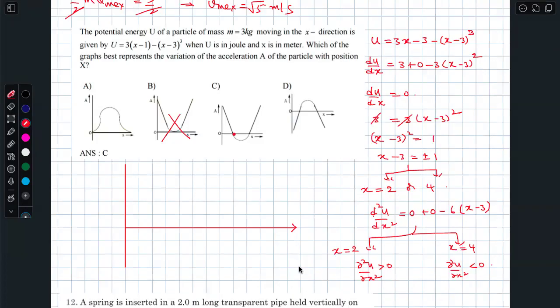Function: 3x minus 3 minus (x minus 3) whole square, 3x minus 3 minus (x minus 3) whole cube.